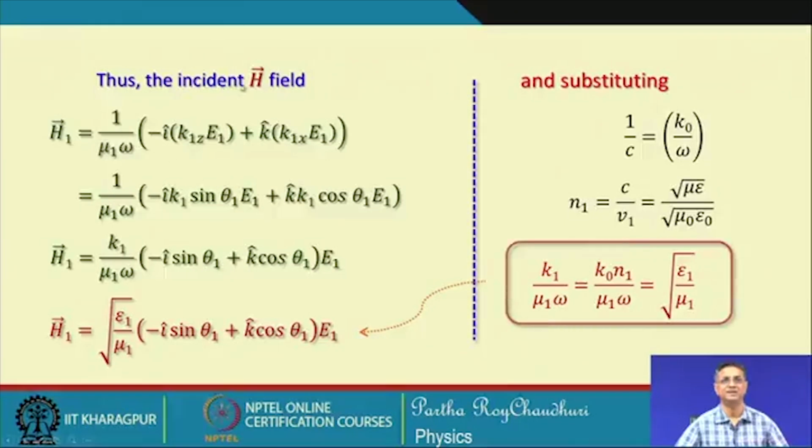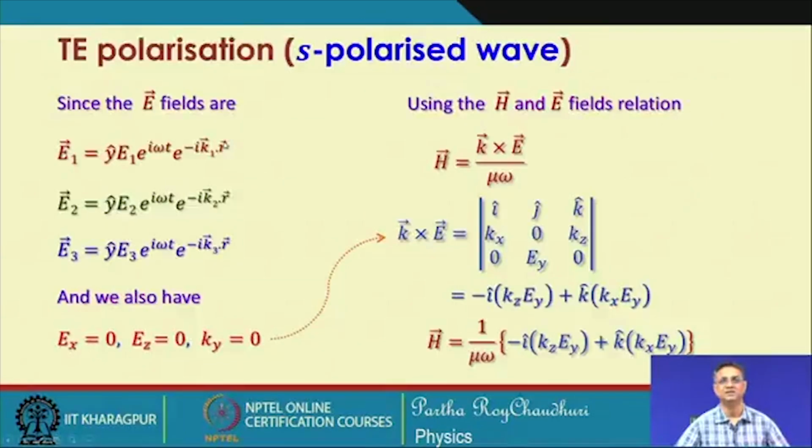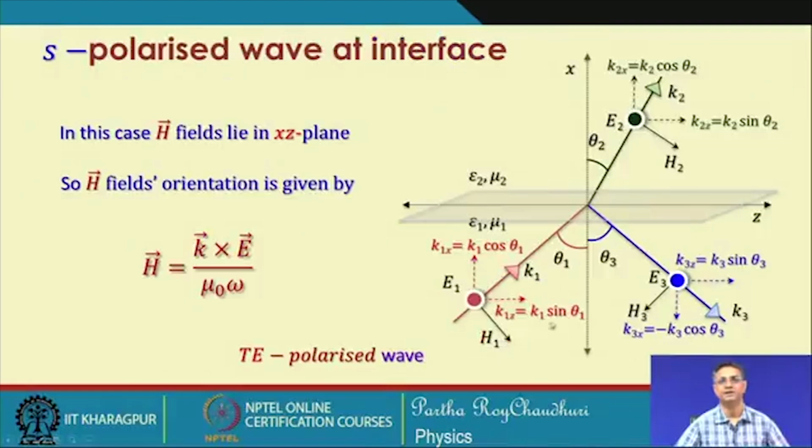Thus, in the incident magnetic field, we can represent that H 1 is equal to 1 upon mu 1 omega, then this x component of this combination, y z component of this combination. So, if you simplify, because k 1 z is k 1 sin theta 1, k 1 x is k 1 cosine theta 1, and likewise for the reflected field k 3 cosine theta 3 and k 3 sin theta 3.